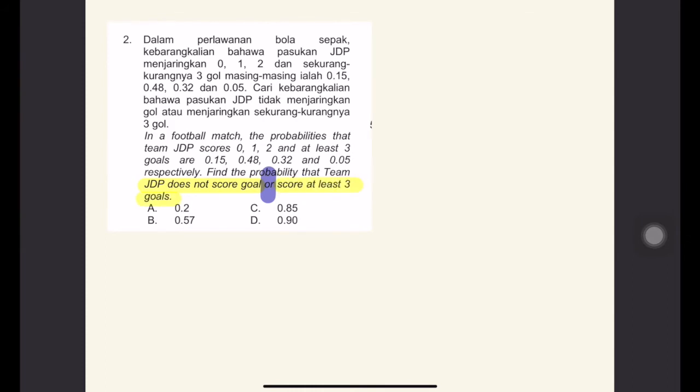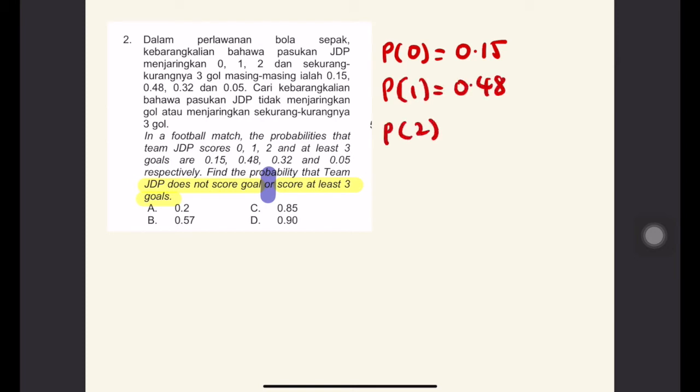First of all we need to write the information given. Probability of 0 goal is 0.15. Probability of 1 goal is 0.48. Probability of 2 goals is 0.32. And probability of at least 3 is 0.05.